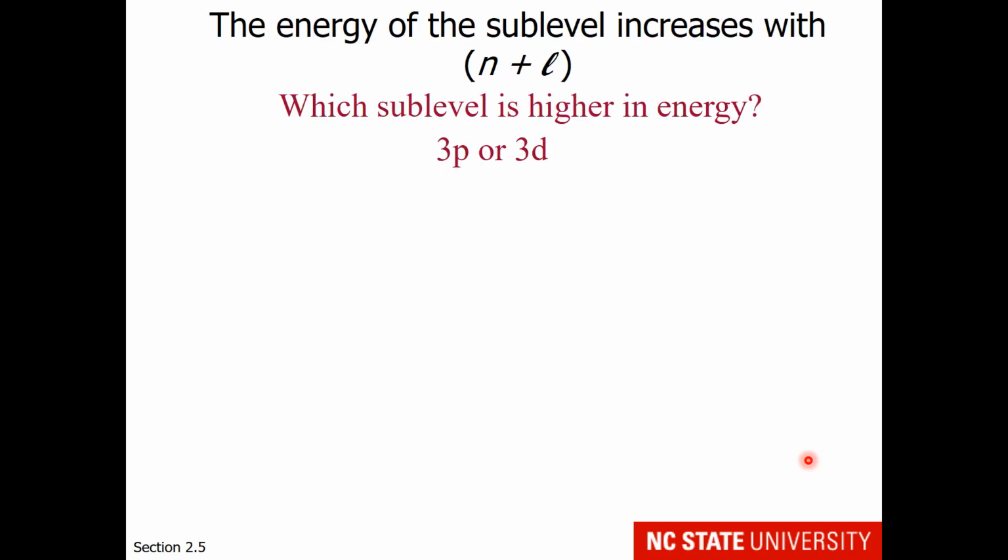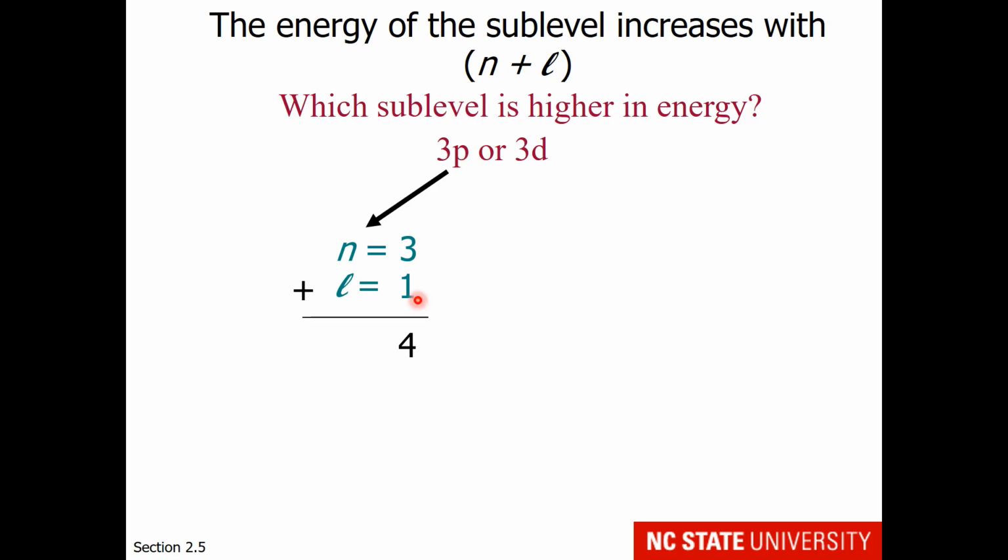The energy of orbital sublevels corresponds to n plus L. Remember that both n and L are indicators of the orbital's energy level and distance from the nucleus. So if you're asked which sublevel is higher in energy, just add up the numeric values for n and L. For 3p, n would be 3.